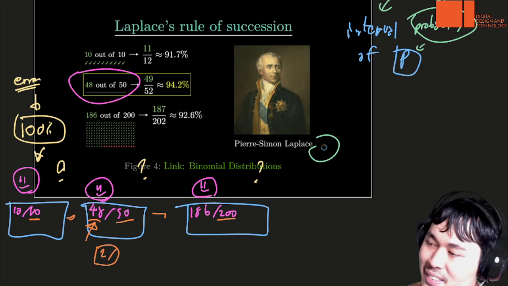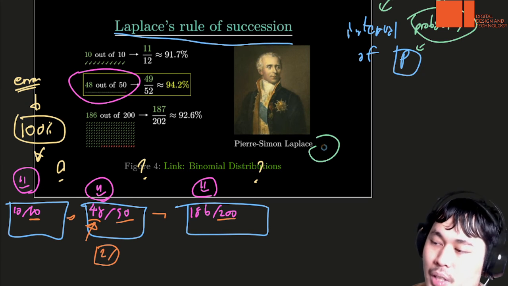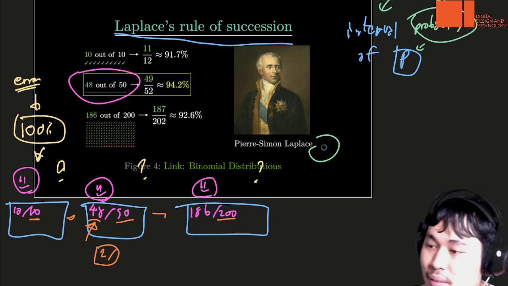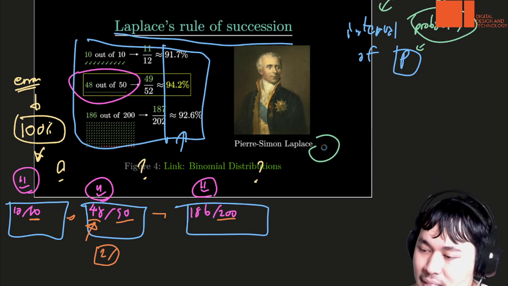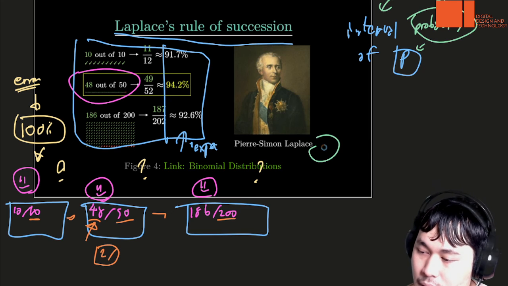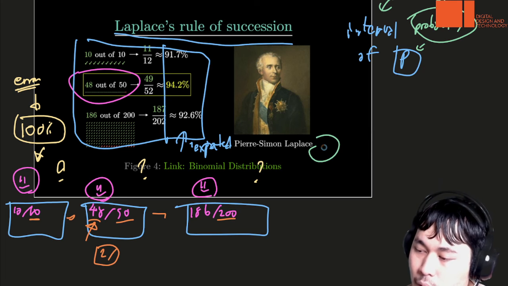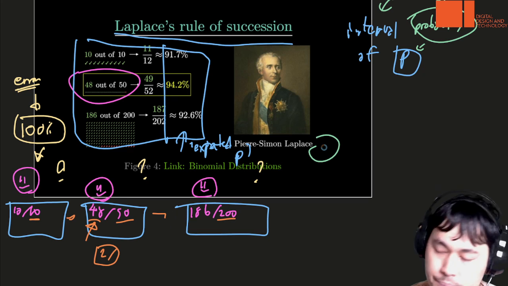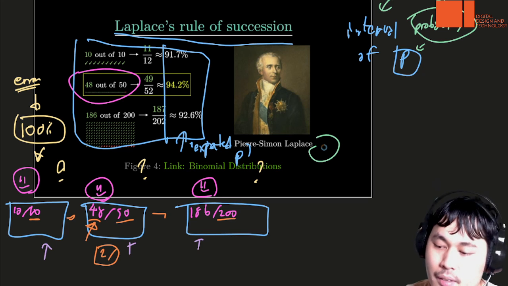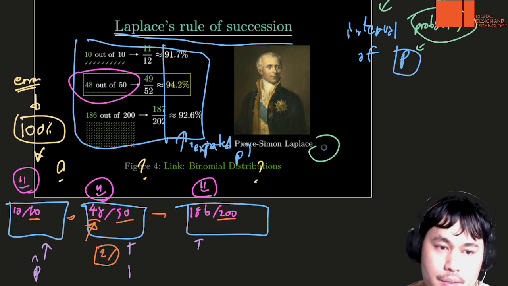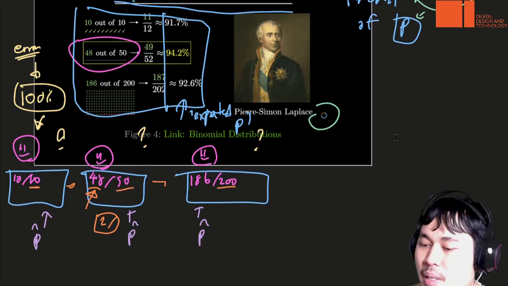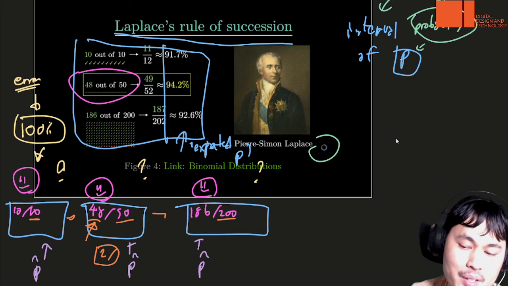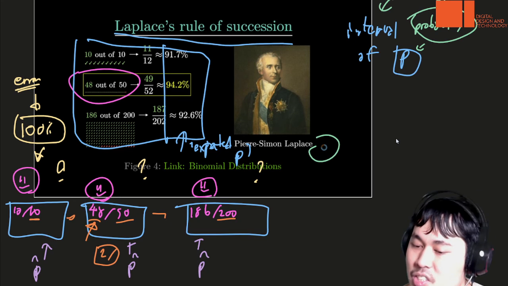And the answer is the Laplace rule of succession, where you can compute the expected value for the actual proportion. By the way, these numbers that we got from the shop are just samples. It's a p hat. Because again, we are not asking every single customer to rate the shop.